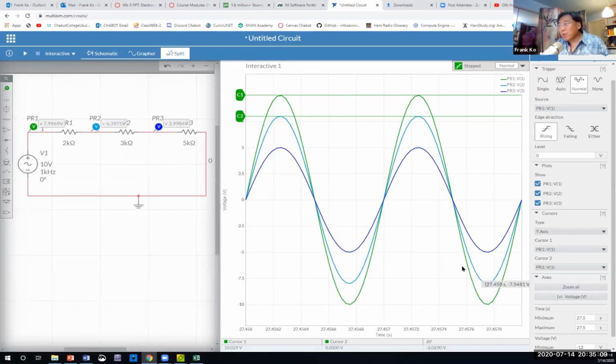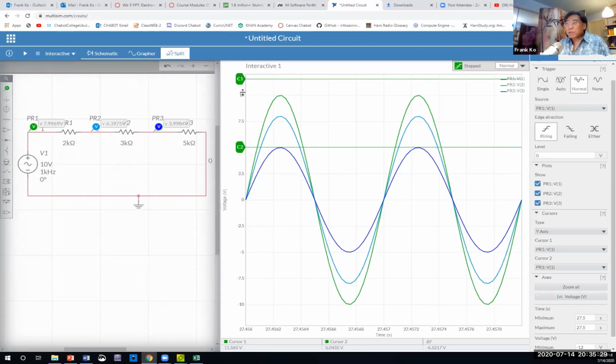So any questions? Let's go ahead and confirm this last one. I'll move cursor number 2 to the tippy top of the blue waveform. And what's cursor number 2? 5.0435. Pretty close to 5. We're happy with that. And even without the cursors, my friends, I'm going to move the cursors completely off the screen. Do we have markers on the vertical axis?